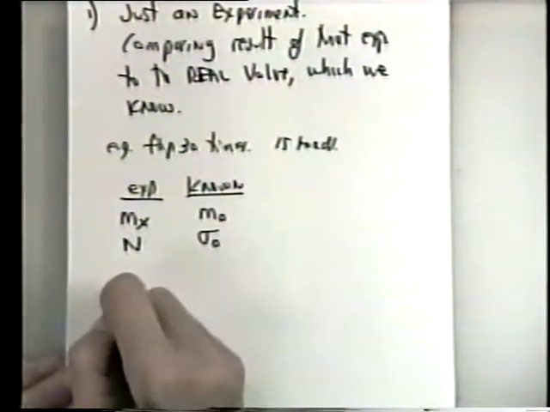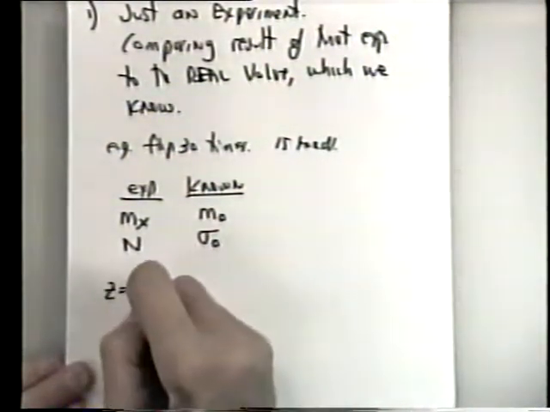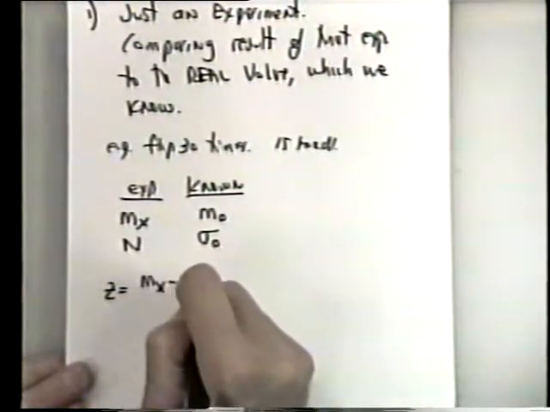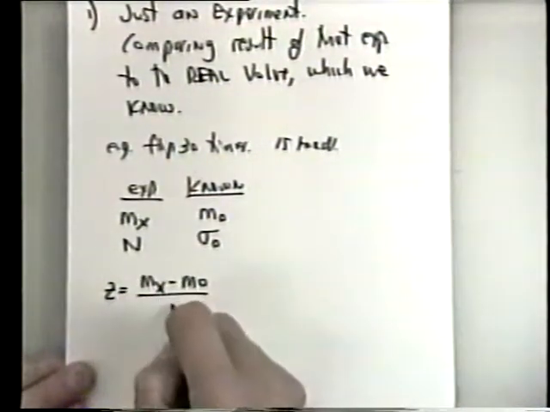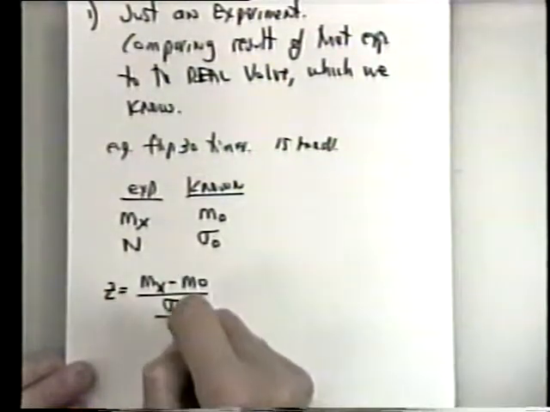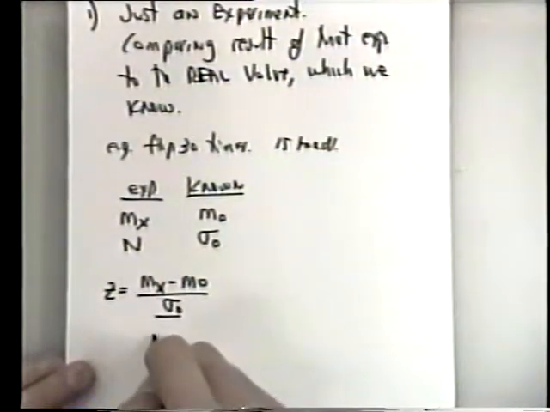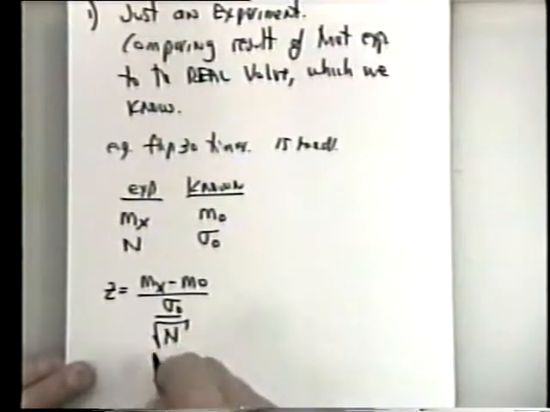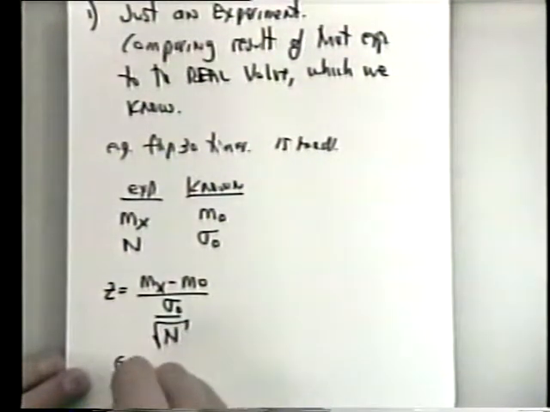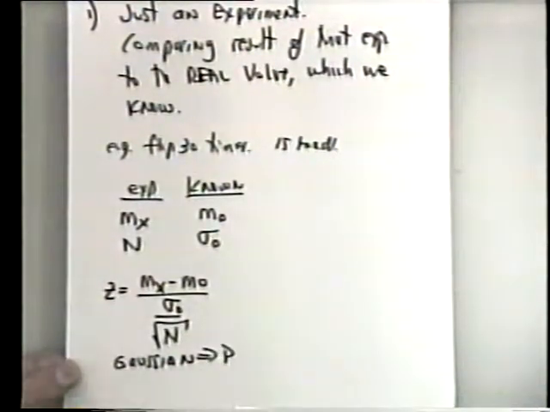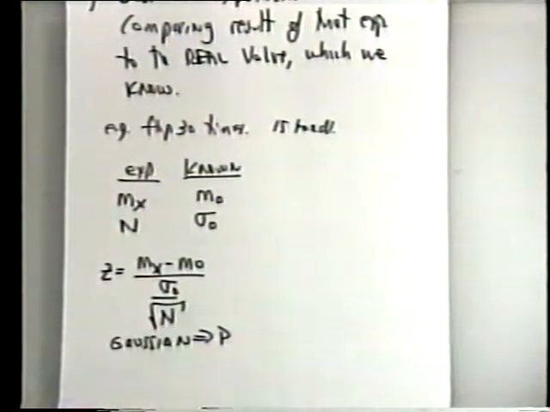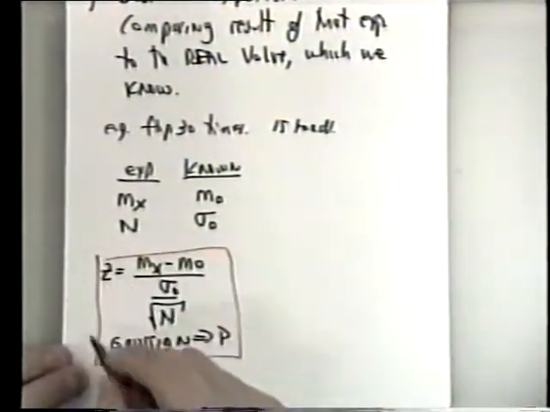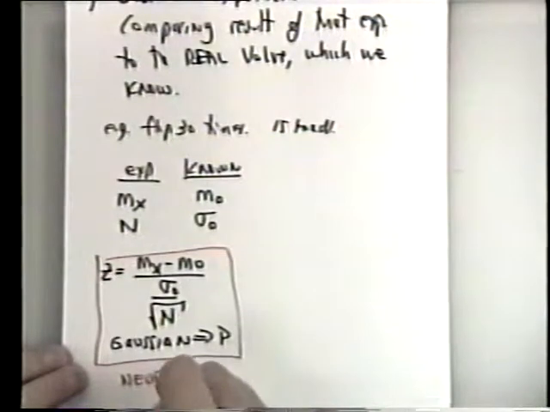From this, we compute the z statistic, which is the difference between the mean of the experiment and what was expected, divided by the known standard deviation divided by the square root of the number of measurements. From this z, we use Gaussian probability to get the p-value. We never do this, usually, because this assumes that the number of values n is large.